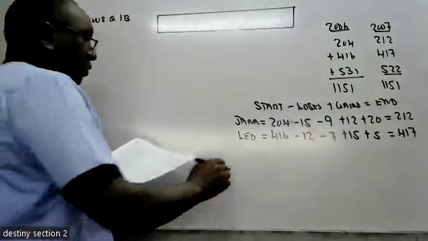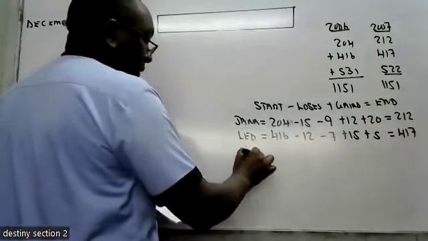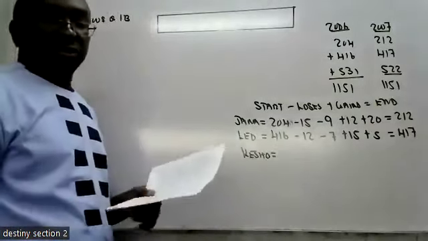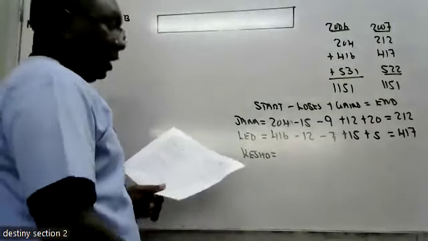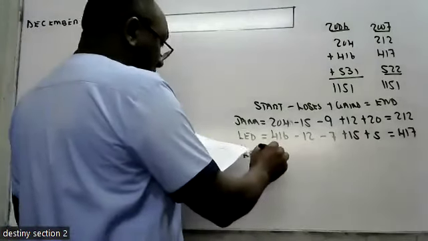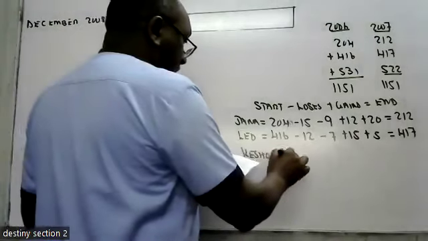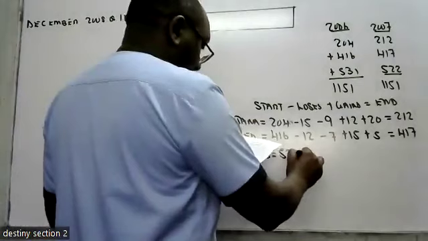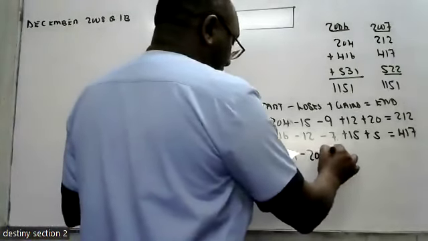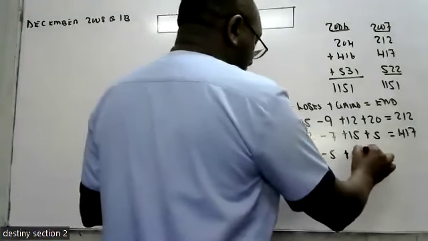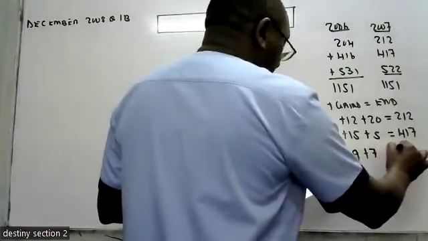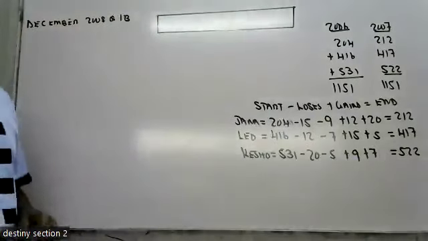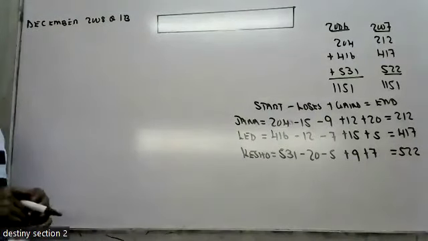And similarly, if you come to Kesho, they began with 511. They lost 20, they lost 5, then they gained 9, they gained 7, to end up with 522.